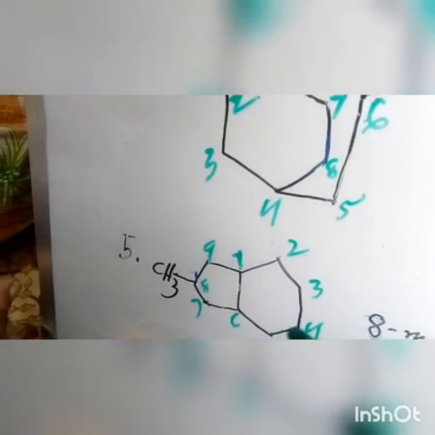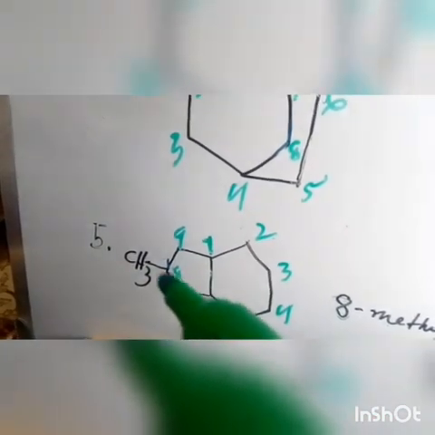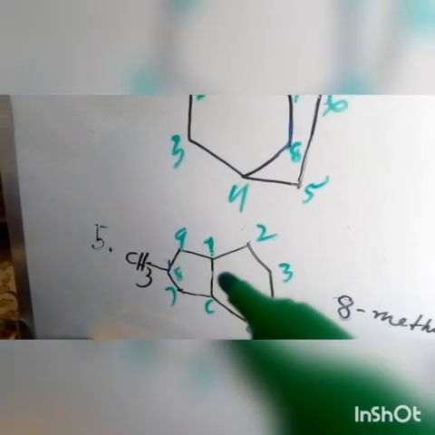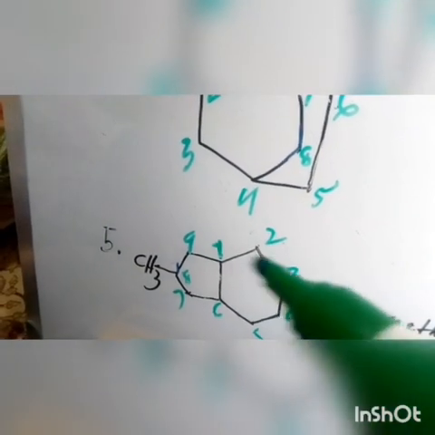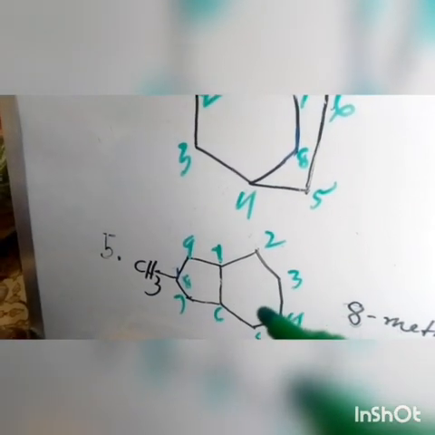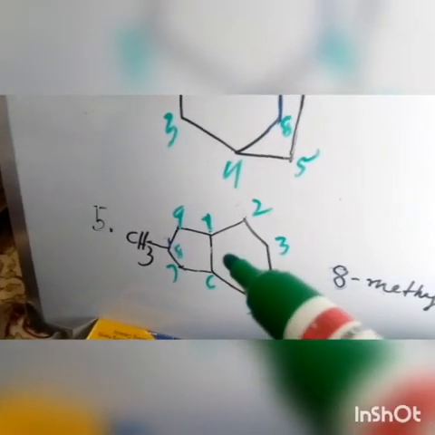This chain contains 4 carbon atoms, this chain contains 3 carbon atoms, and this chain contains no carbon atoms. So its name is 8-methyl bicyclo 4 3 0 nonene.